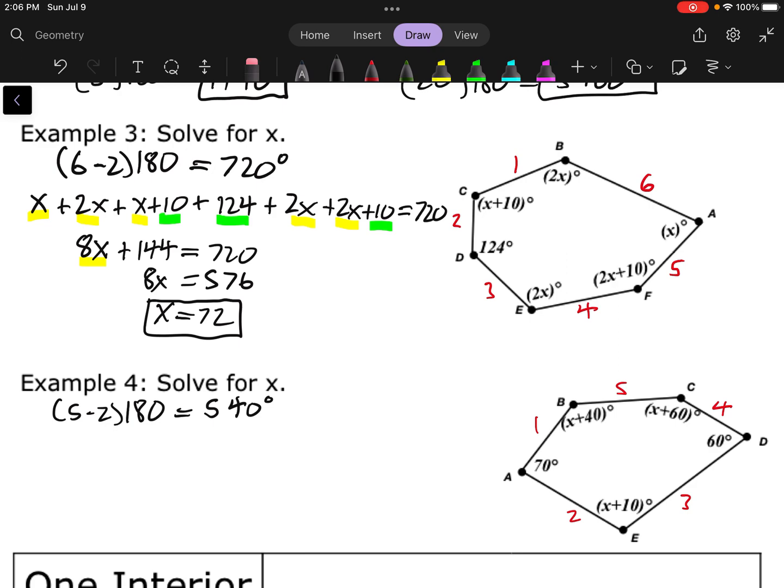So let's add up all the angles. A is 70, B is x plus 40, C is x plus 60, plus another 60 for D, plus x plus 10 for E. I know that's got to be equal to 540. Got an x, an x, an x. That's 3 x's.